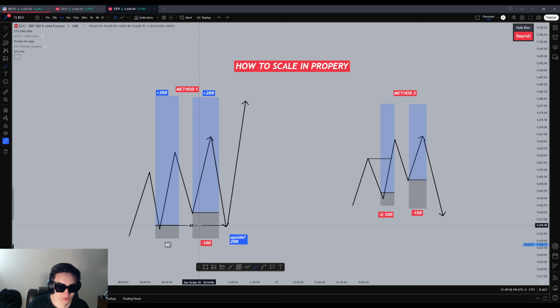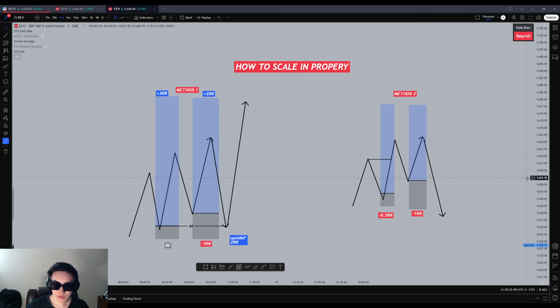So the scale in isn't as useful anymore here. This is the worst case scenario, when it hits you at break even level and it goes to your TP, because then your scale in isn't really useful anymore, because it's the same as just taking basically this trade here by itself. You don't have the leverage that you did with 2 positions. You only have 1 position left here.